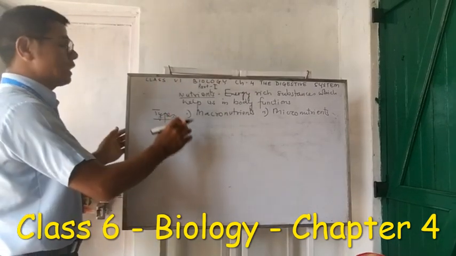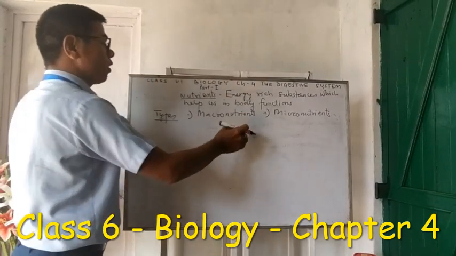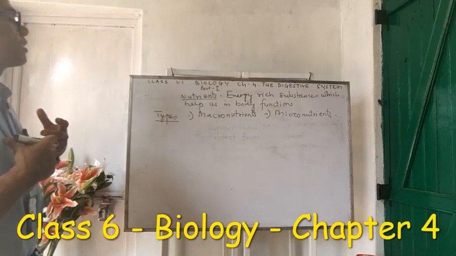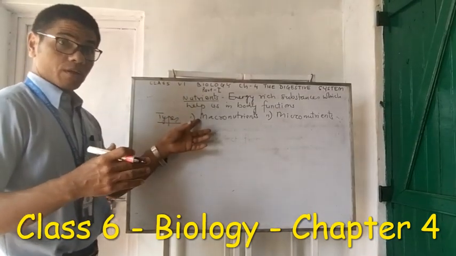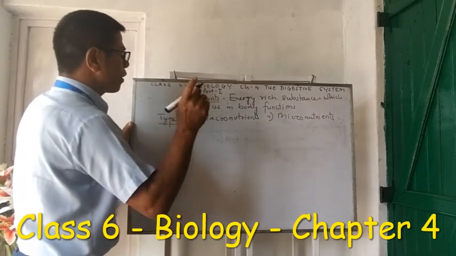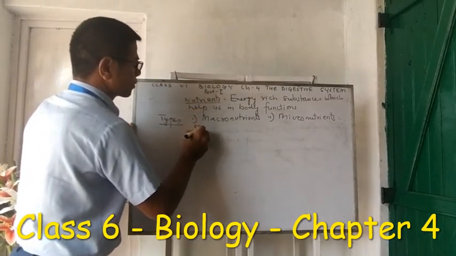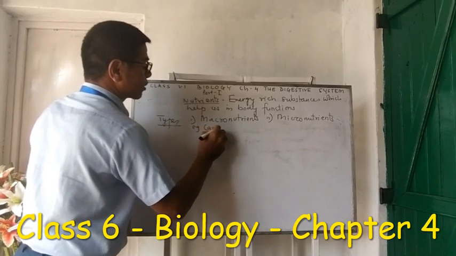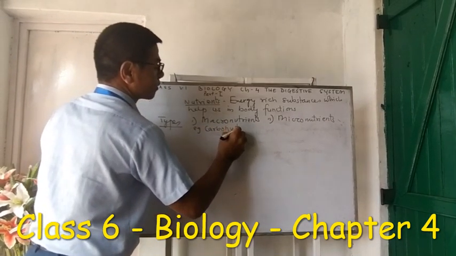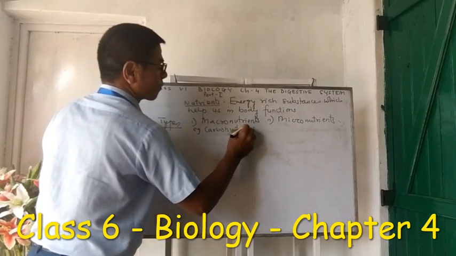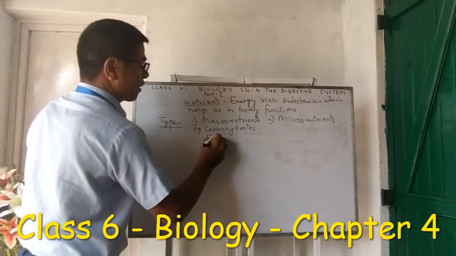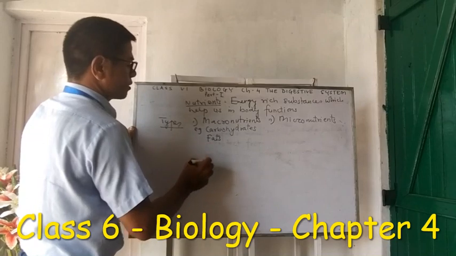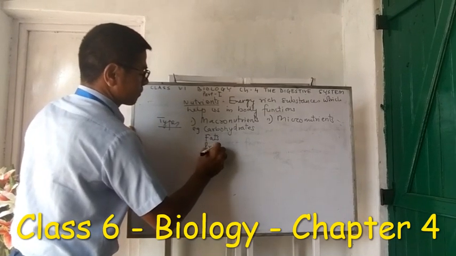The food our body needs in large quantity are called macronutrients. Under macronutrients, you have three examples. Carbohydrates. Then we have fats. We are very familiar with it. Then we have proteins.